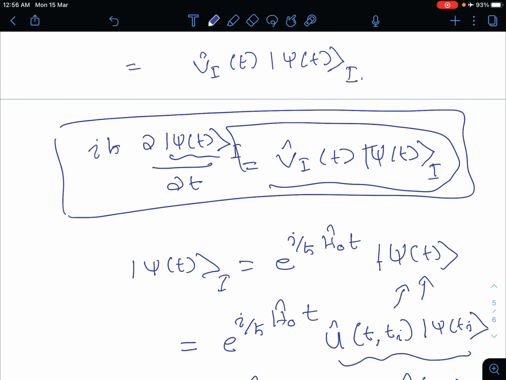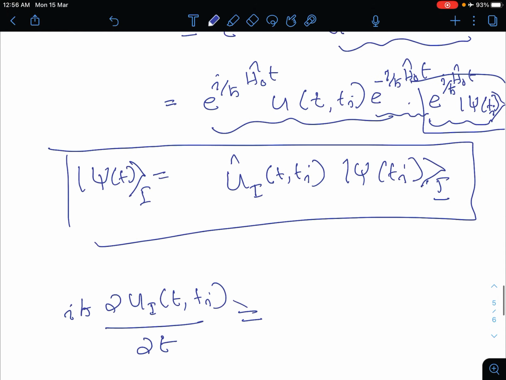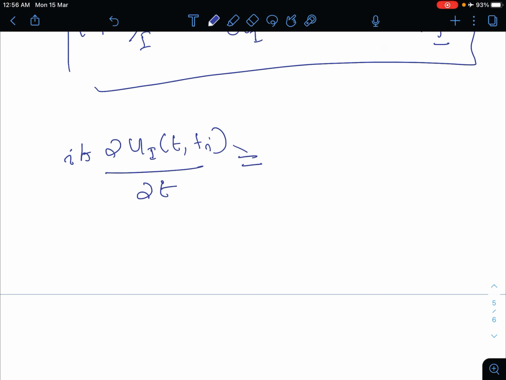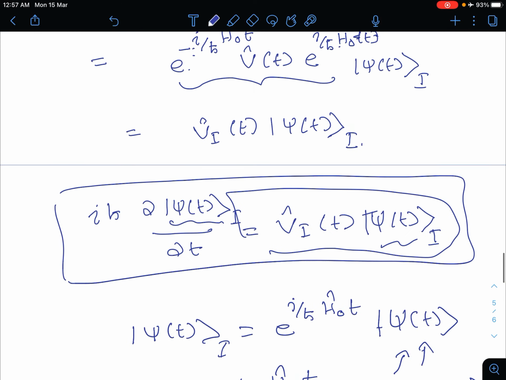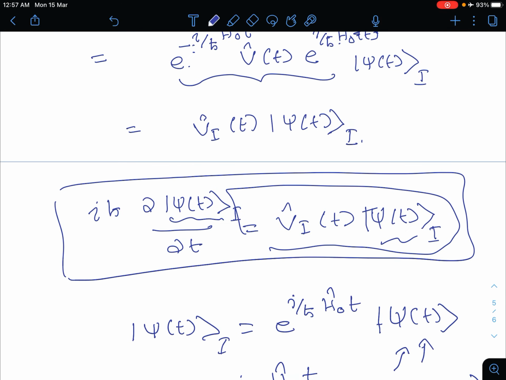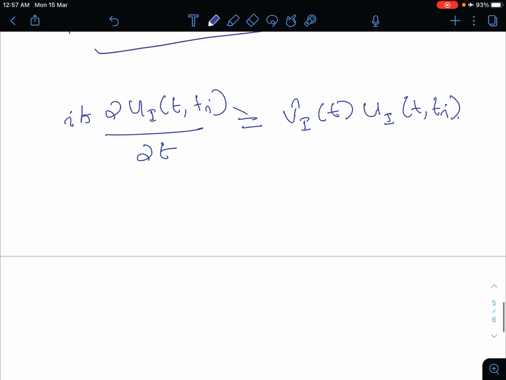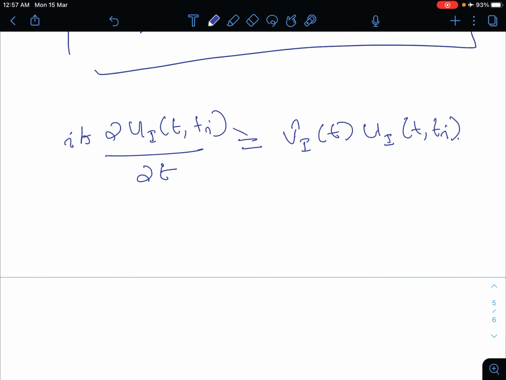So if we take the equation of motion for psi of t in the interaction picture, I can write now this is equal to VI of t, UI of t, ti. Good. Instead of our psi of ti, I will be putting just UI of ti. Okay, good. Now what I am going to do is just integrating.